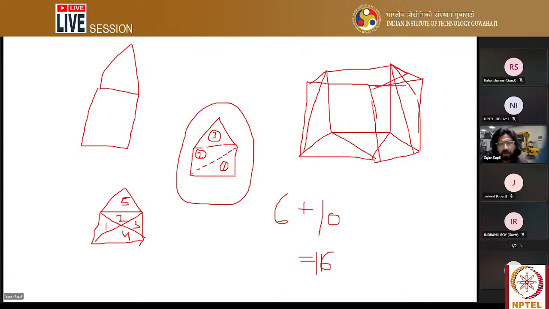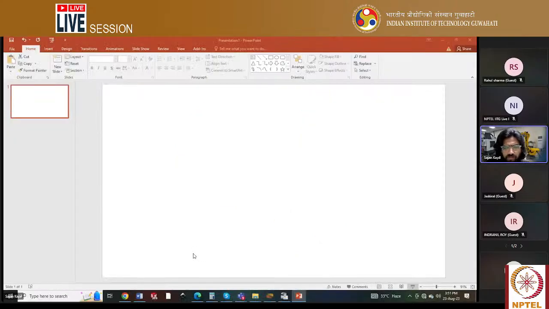Okay. Or we can do one more thing. Let me see how many triangles SolidWorks is going to give me. But 16 seems to be the right answer. Let me do it in SolidWorks right now.